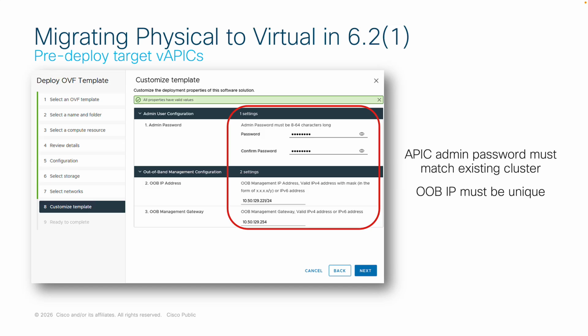Okay, and then the last thing to consider here is the password that you set here has to be the existing admin account password of your currently running brownfield fabric. They must match. And then the last thing to consider is the out-of-band IP address of each of the APICs must be unique. Again, I think that's obvious, but this is where I mentioned the IP was changing and you might need to update other services to be aware of that.